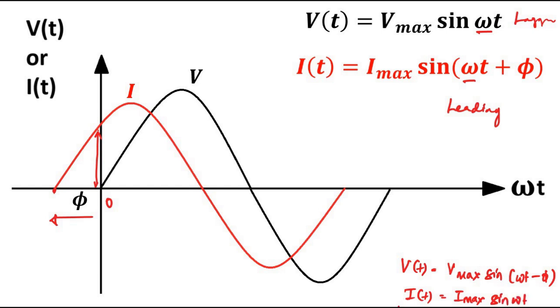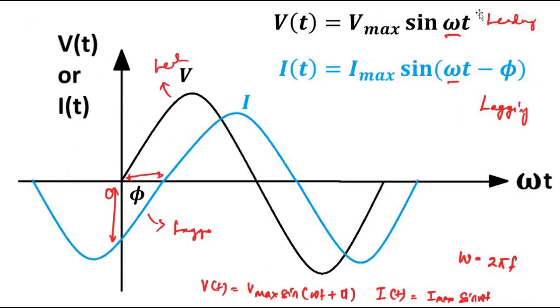You can write it either way, but I think this representation is appropriate, so stick with this. Vt is Vmax sin omega t, the reference, and from this the current is leading by phi radian or degree. It is slightly to the left. Here Vt is the reference, Vmax sin omega t, and It is lagging because its 0 point is slightly to the right by phi.